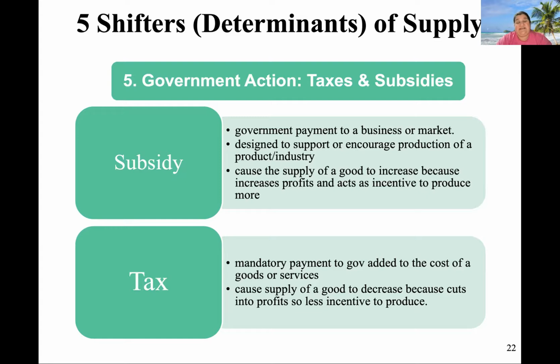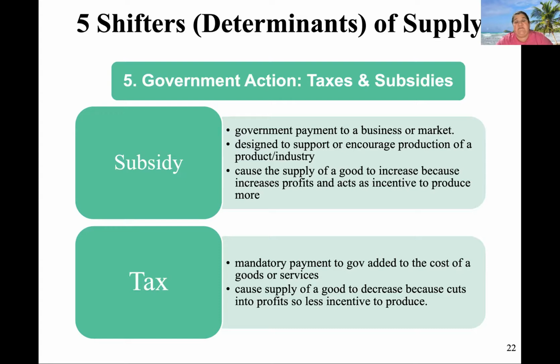Yes, that tax eventually gets passed on to the consumer, but at first the tobacco companies have to pay a certain percentage of every pack of cigarettes they sell to the government in the form of a tax. And so it's going to decrease the supply, because there's not as much money to be made in profits when you're having to pay a portion of your sales to the government in whatever form of tax they say it has to be.